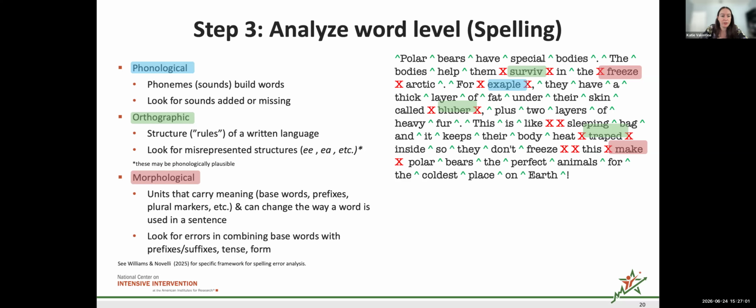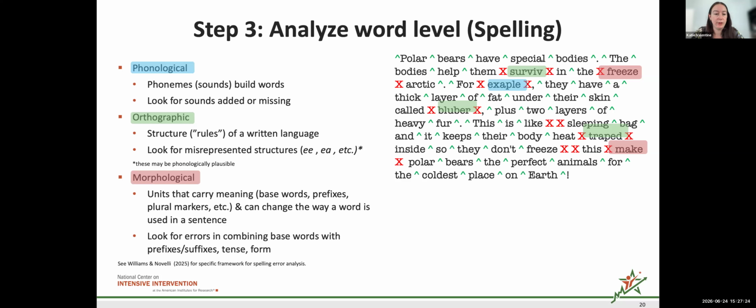And then finally, morphological errors, which can also be sort of related to that orthographic piece as well. But these are based on the idea that morphemes are those units that carry meaning. So thinking about your base words, prefixes, suffixes, plural markers, these morphemes can change the way that a word is used in a sentence. So they can change it into different tenses.